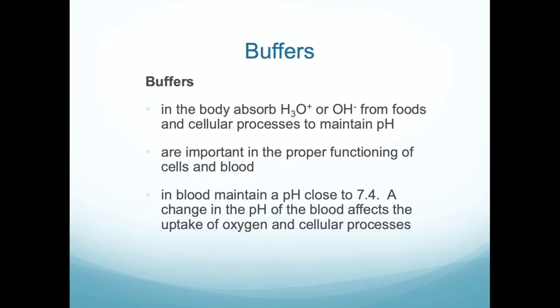In the body, you need the pH of your blood, for example, or cell cytoplasm to stay relatively standard, because otherwise certain enzymes might not work properly. So basically the whole idea is you want to keep the pH at a particular level, and it's very important for these solutions to have that constant pH. So buffers are needed to absorb any extra acid or base that's added.